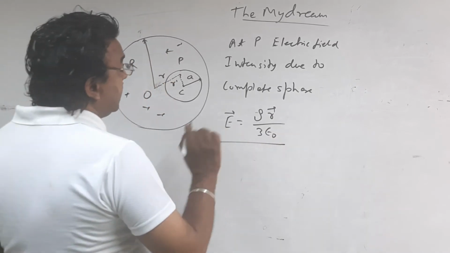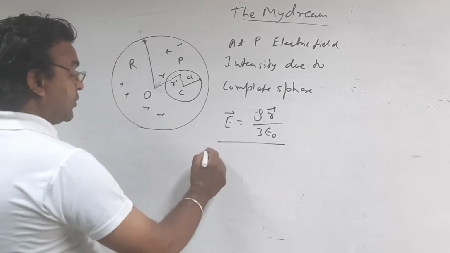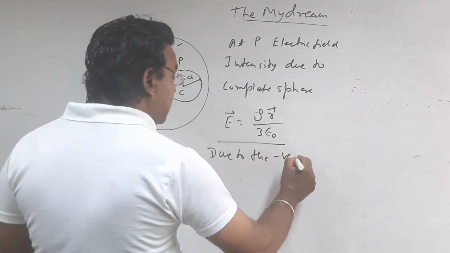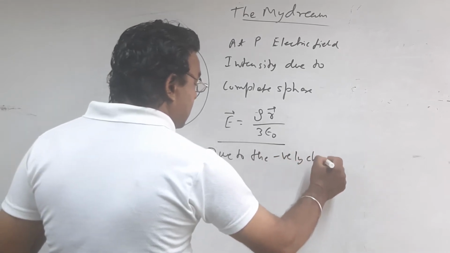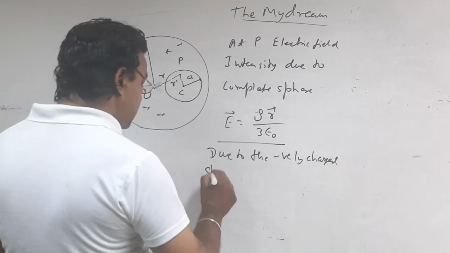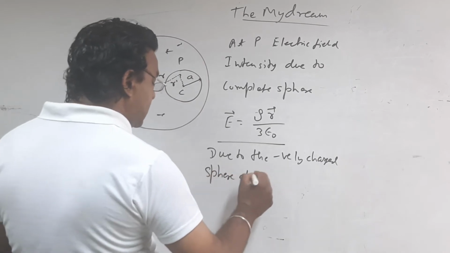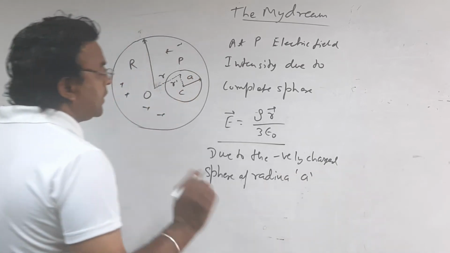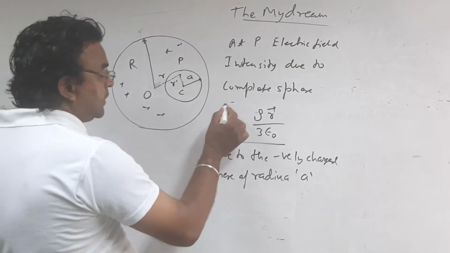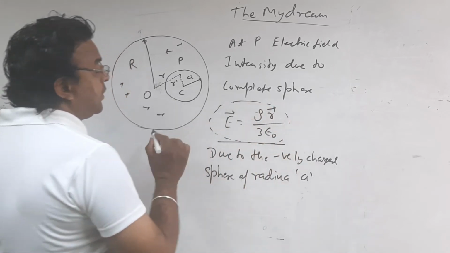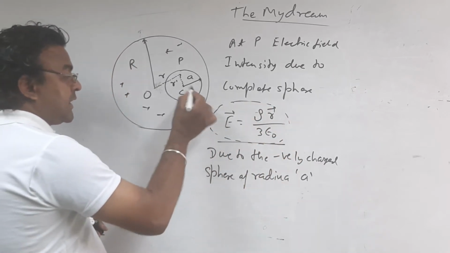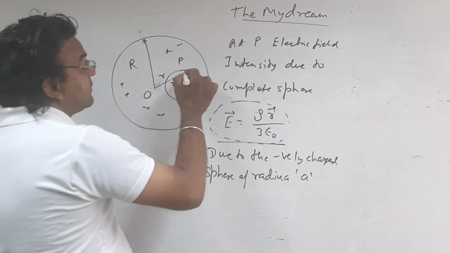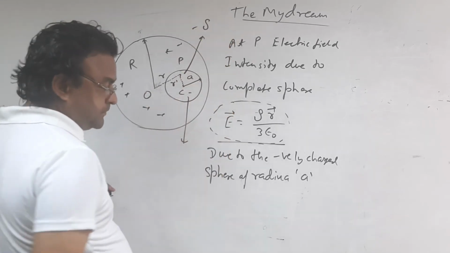Now due to the negatively charged sphere of radius a, as I told you, if I consider this sphere as negatively charged, then there will be a cavity here and its density will be minus rho.